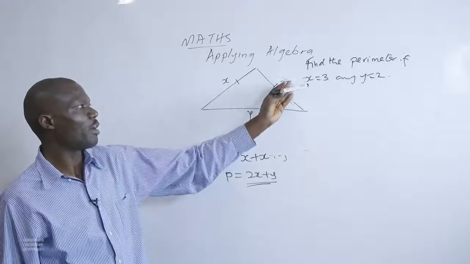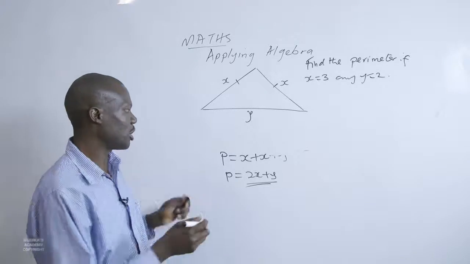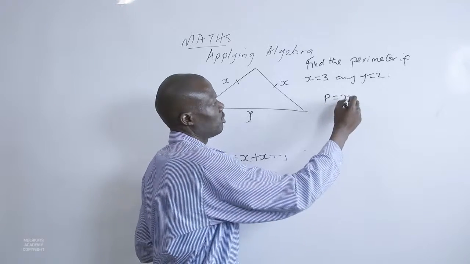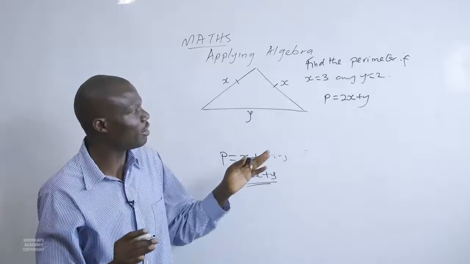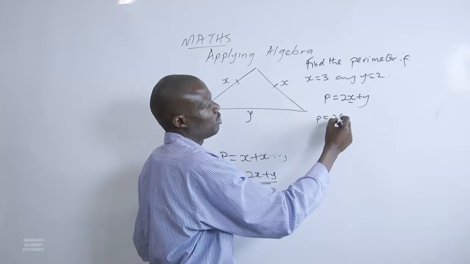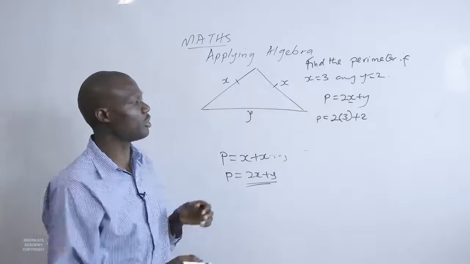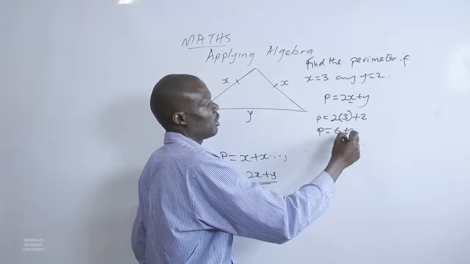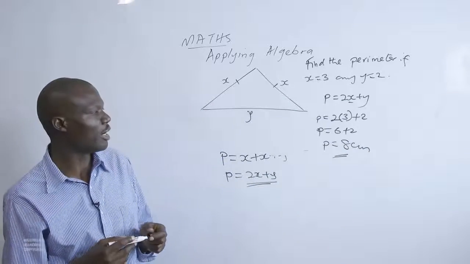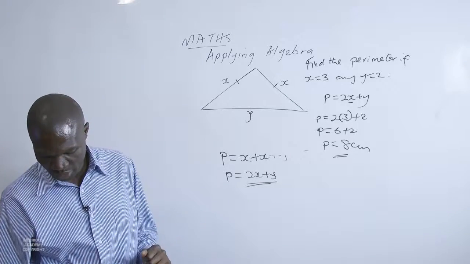So in our expression where we have x, we shall put a 3, and where we have y, we shall put a 2. So P is equal to 2x plus y. Then where we have x, we shall put a 3, so P is equal to 2 times 3, and then plus y, which is 2. 2 times 3 is 6, so P is equal to 6 plus 2, P is equal to 8 centimeters. So our perimeter can now be found as 8 centimeters.